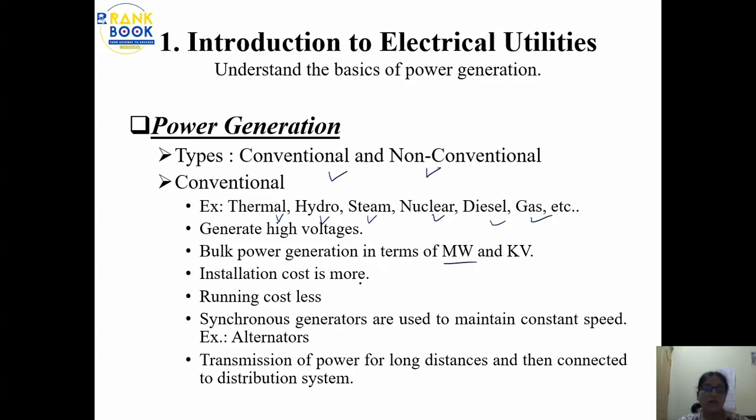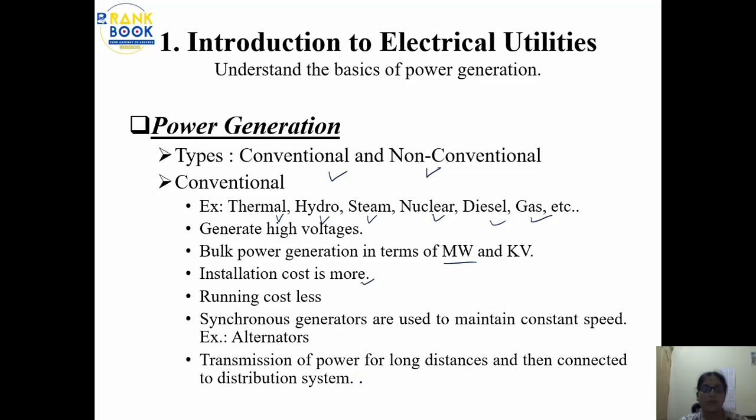Installation cost is higher for these kinds of sources, running cost is lower, and they use synchronous generators that maintain constant speed, like alternators, with transmission of power over long distances.